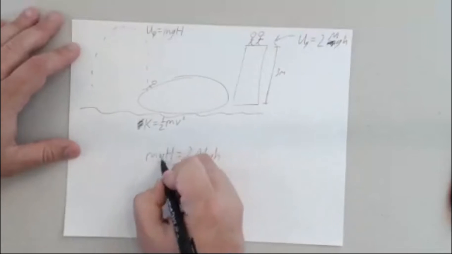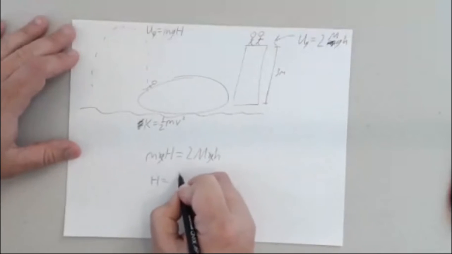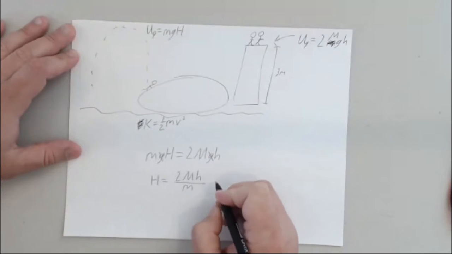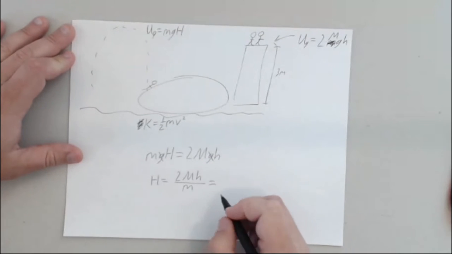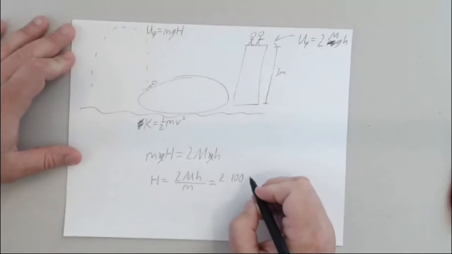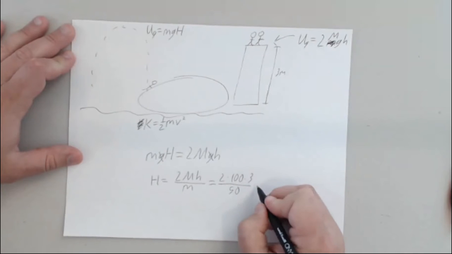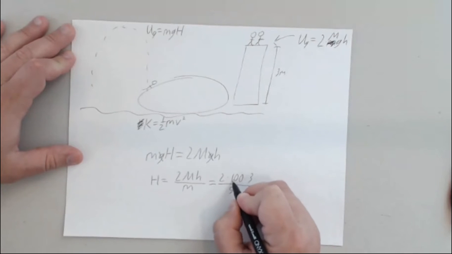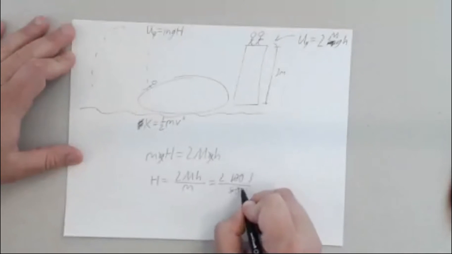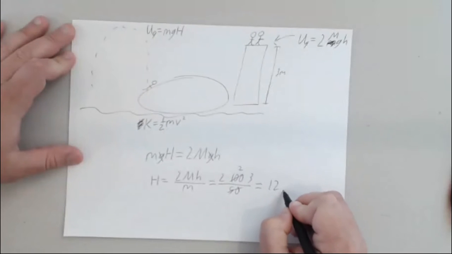And the g's cancel. And so I get that big H is just 2 big M little h over little m. Or if I plug this in, that's 2 times 100 times 3 meters over 50, which 100 over 50 is just 2. So the answer is about 12 meters.